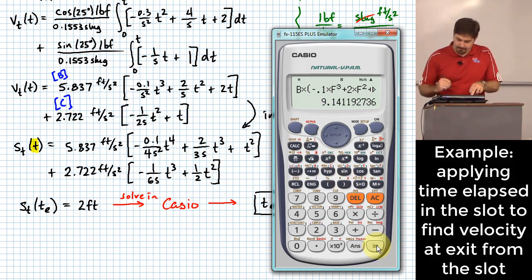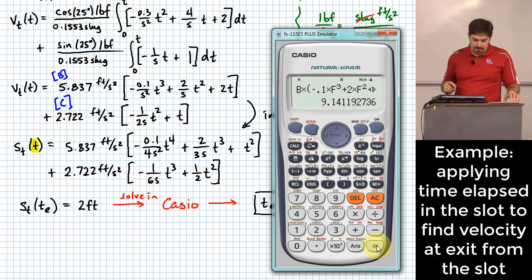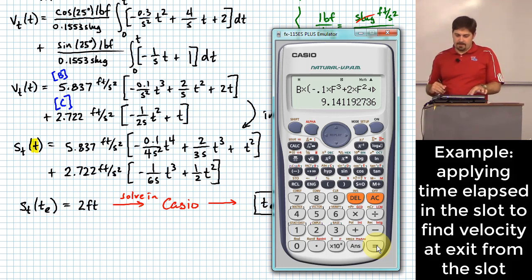And when it crunches all of that, it ends up giving me a tangential velocity at exit of 9.141.